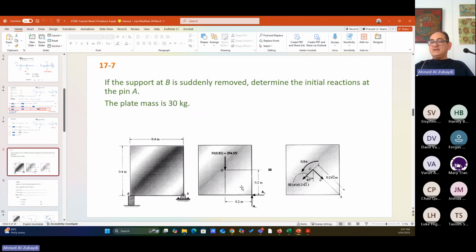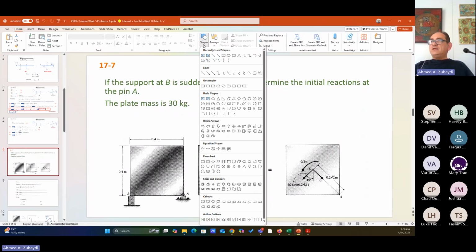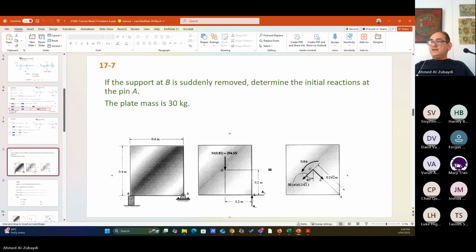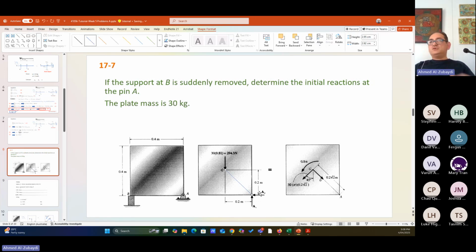Anyway, the trick in these questions is how to find the acceleration related to omega and alpha, which is the normal and the tangential one.